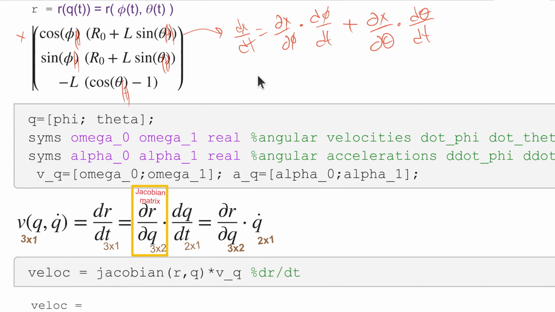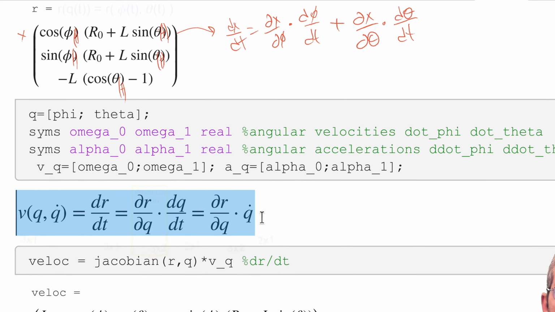But in the theory books, these kinds of manipulations are represented in abstract notation, saying that if I take partial derivatives with respect to the angles and multiply by the angular speeds, then I get an expression which is the velocity of the suspended mass that depends on the angles and their speeds.